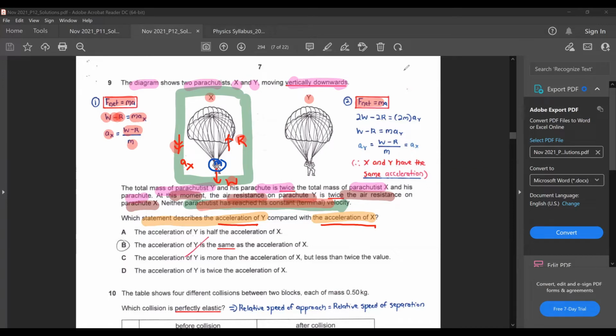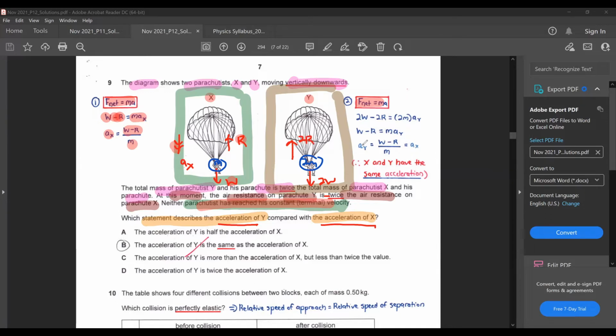Now, when you go to parachutist Y, the question didn't mention that you have twice the weight. They only mentioned that you have twice the mass, so obviously you're going to have twice the weight. Your weight is 2W, simply because your mass is twice. Your air resistance is also twice that of X, so you have 2R here.